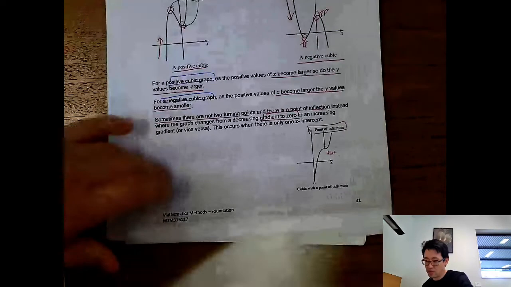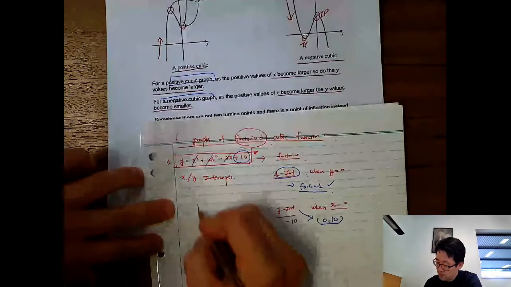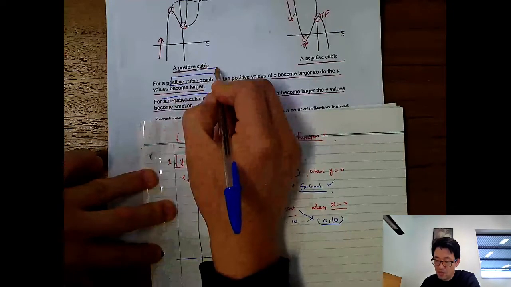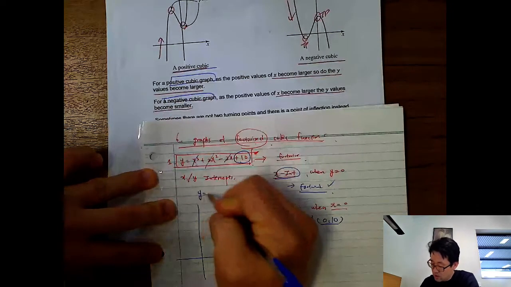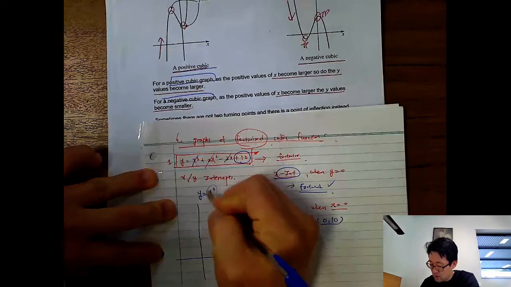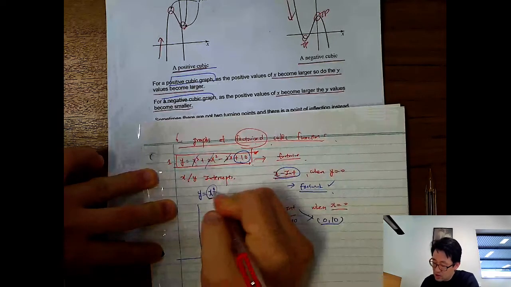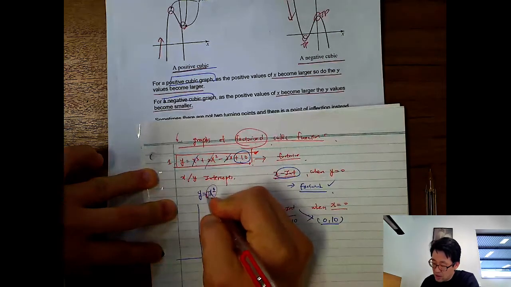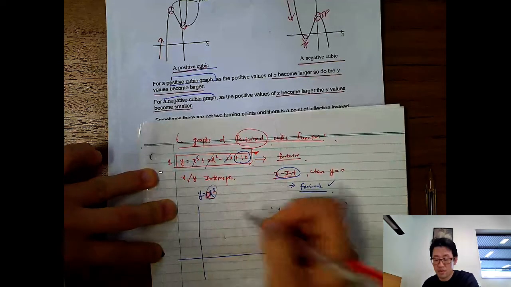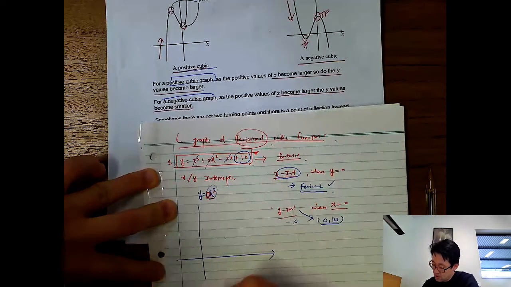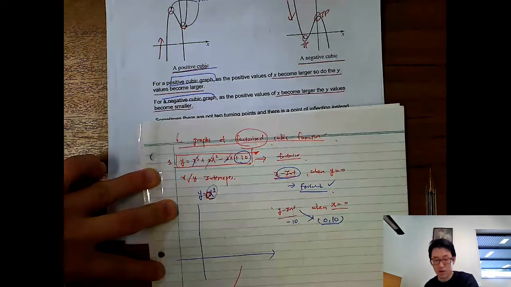I'll just go through this one first. Positive cube, when y equals x cubed, yep, that's positive. When I say positive, your highest degree, which is cube, is positive. Good. Then I will have this shape.